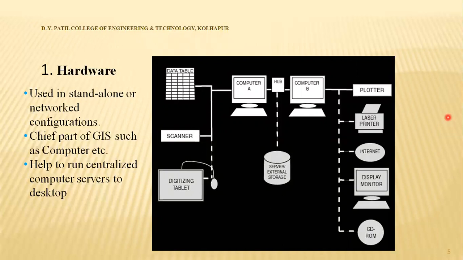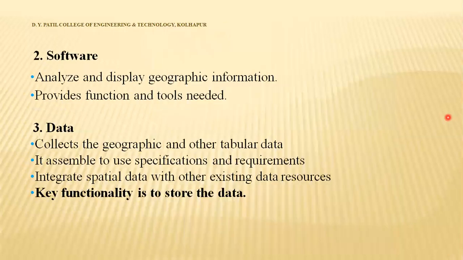It is a chief part of GIS, but we don't require a supercomputer or any big computer. A small computer or a smartphone can also work as hardware for GIS. Second one is the software.